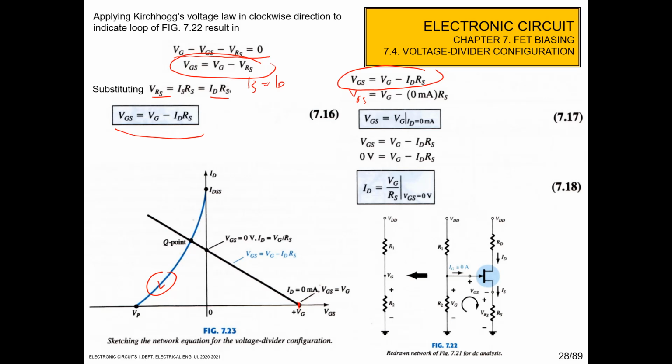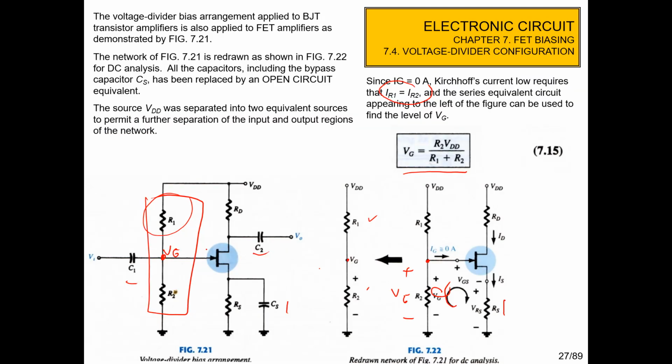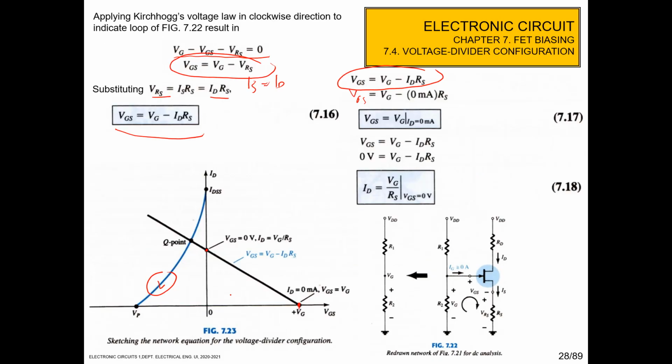Second, when VGS is equal to 0, the ID at this point is VG per RS. VG we can get from this equation, and RS is a constant from the circuit, so we can calculate this point and draw a line from this point to this point.